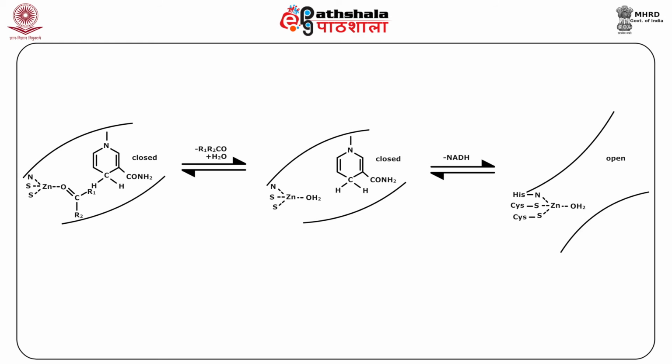The product aldehyde leaves and the catalytic zinc(II) retains its original coordination by attaching a water molecule. NADH is released and this brings liver alcohol dehydrogenase back to its open form.